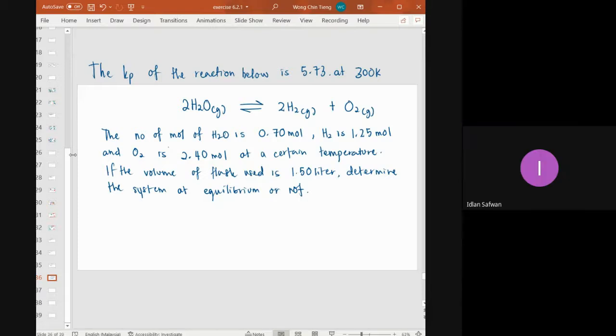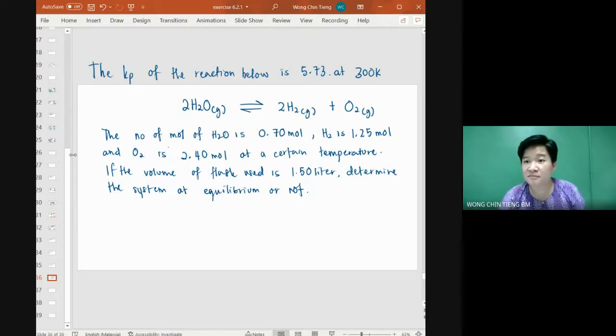Semua kita cari mula. Azri siap dah? Go. Smaller or bigger kau? Bigger. Azri, smaller or bigger?